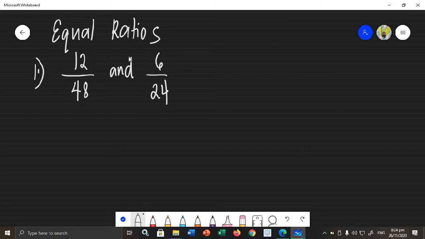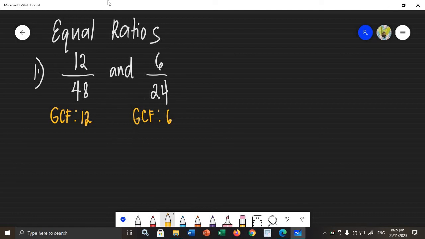So sabi, isimplify natin sila pareho para malaman natin kung equal ratios ba sila. Okay? So when you simplify 12 and 48, ang GCF niyan ay 12. Si 6 and 24, kapag nilowest term mo siya or sinimplify mo siya, simplifying and getting the lowest term is just the same, no? Don't be confused. Ang GCF na kailangan mo para ma-simplify sila ay 6.